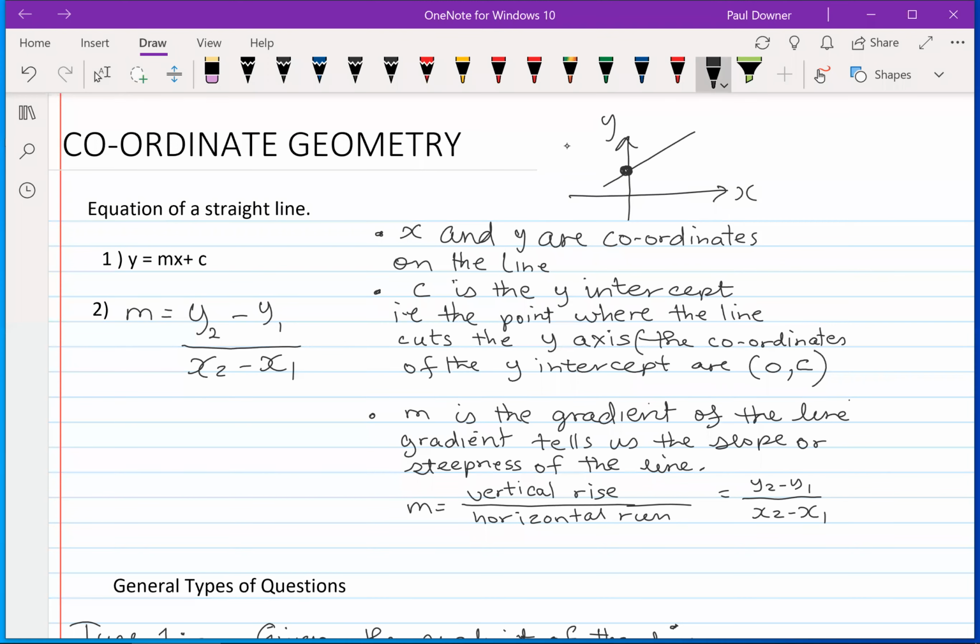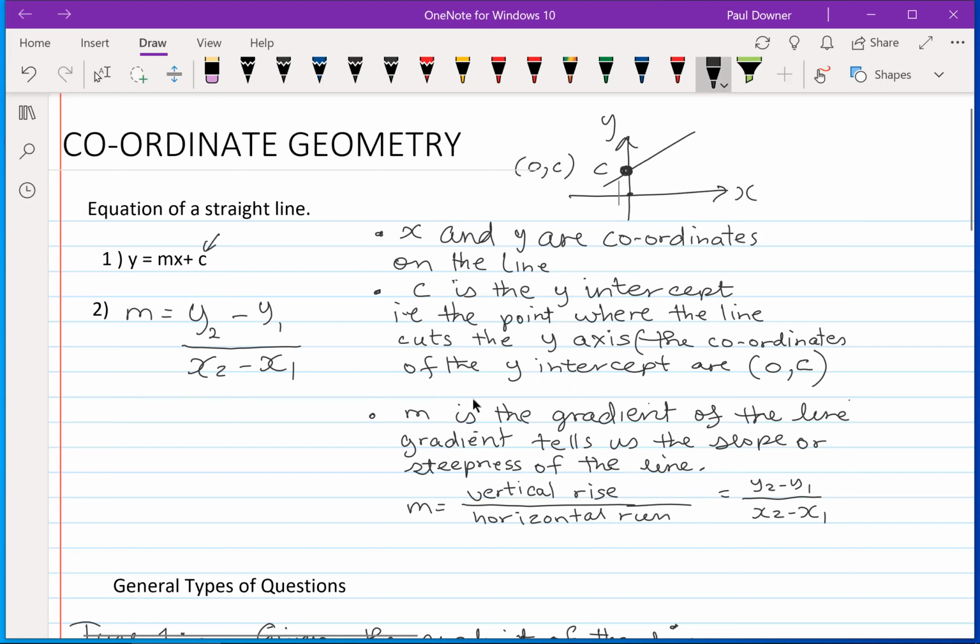And that value there will be the c, which is this c here. And the coordinates of that point will be 0, c, meaning you don't need to move anywhere in the x direction, left or right, you just need to go up to get to that point. So that's what the c is about.